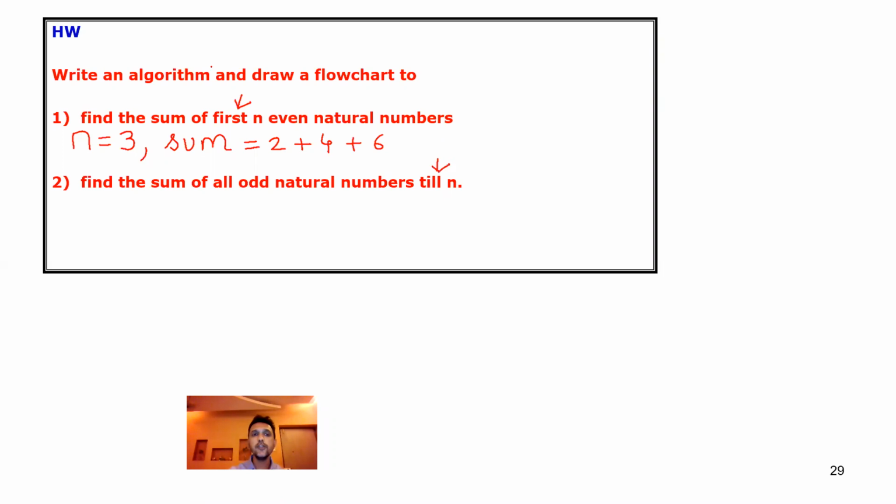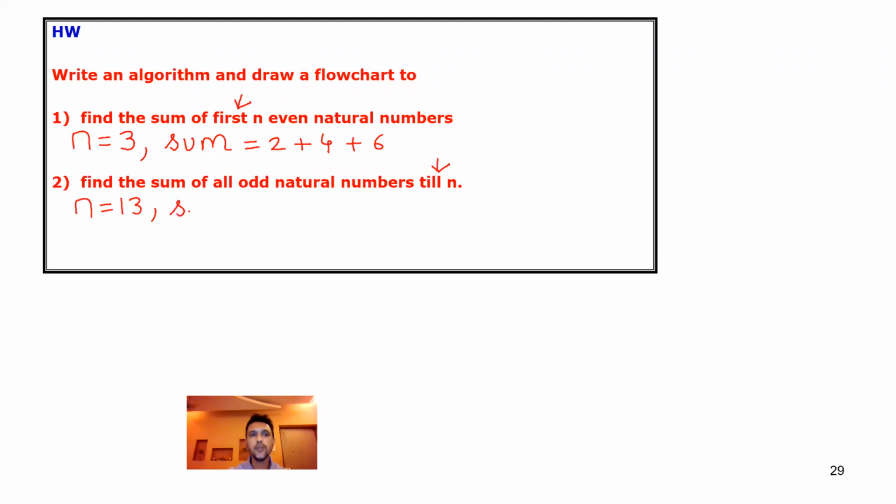So there is a difference when we say first n and till n. Now, once again, tell me for question number 2, what will you ask the user? The value of n. So let's say the user gives you n is equal to 13.